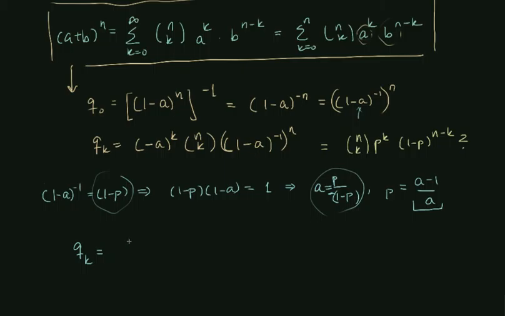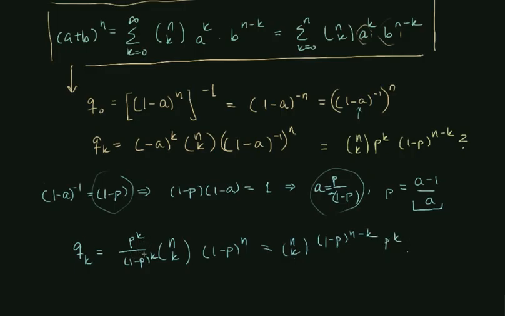Okay, so qk will then be p to the k divided by 1 minus p to the k multiplied by n choose k. And then since this is minus 1 minus p in our parametrization, we have 1 minus p to the n, and then it's equal to n choose k, 1 minus p to the n minus k, and p to the k.